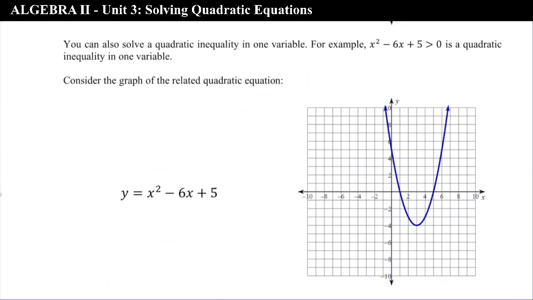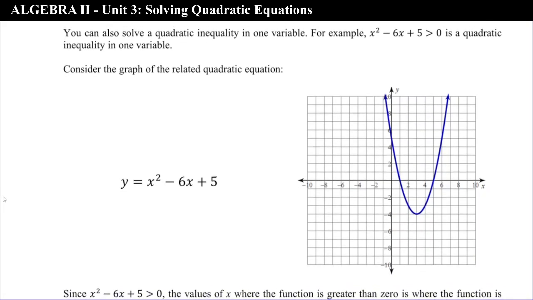So let's consider the graph of the related quadratic equation, which would be y equals x squared minus 6x plus 5. If you have this graph of the function here, and we wanted to find out where x squared minus 6x plus 5 is greater than 0, we would simply look to see where it's 0, and then where it is greater than 0.